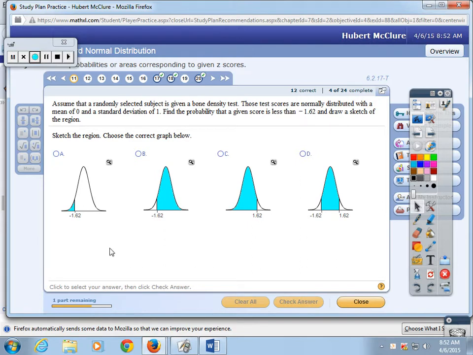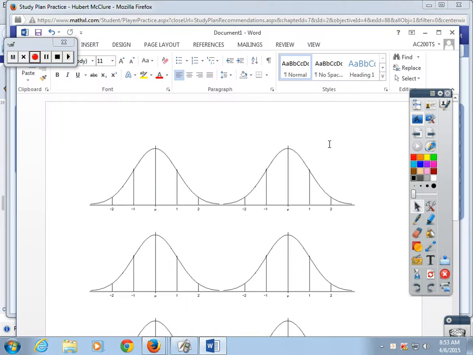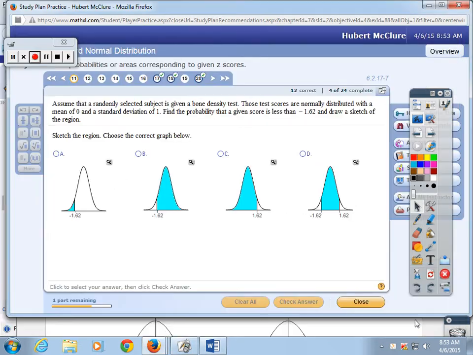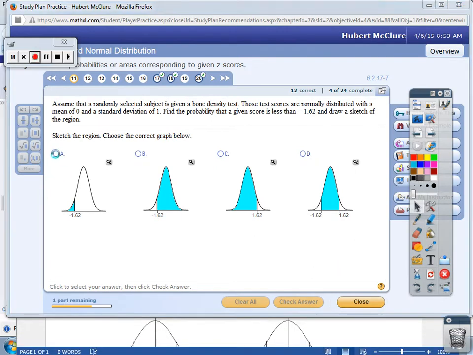Now, they're telling you to draw a picture because that's very important for you to actually see the problem and see what you're looking for. That's why you need to do one of these, because it's going to get very old writing these things over and over. So, which one is less than negative 1.62? A.